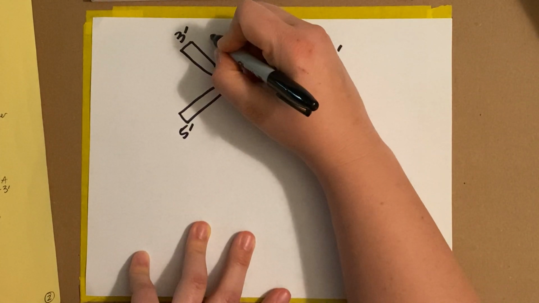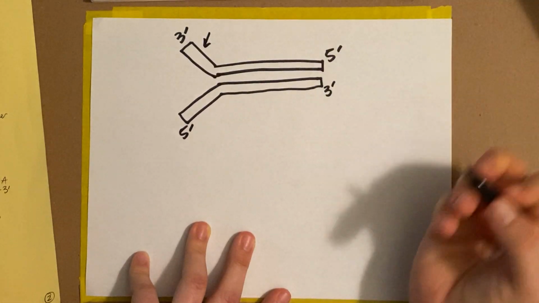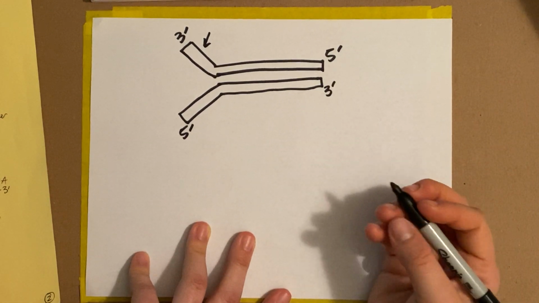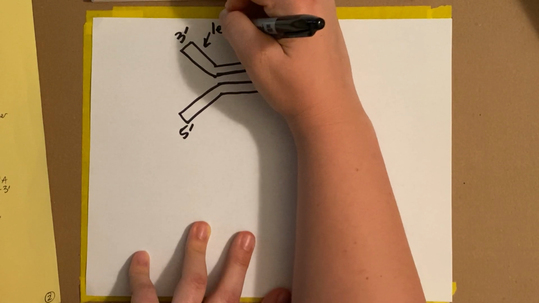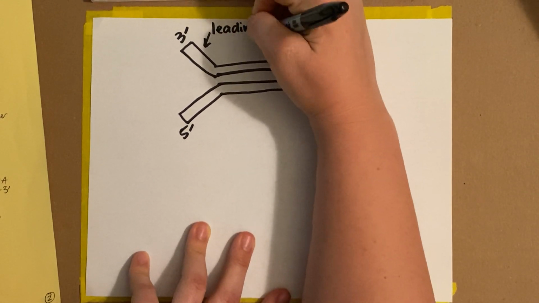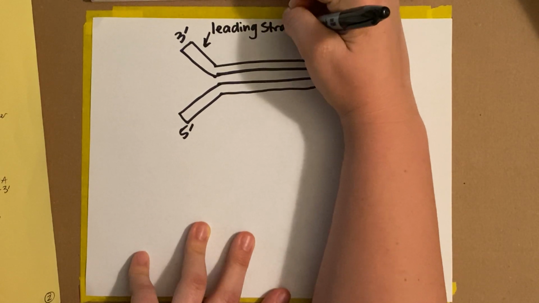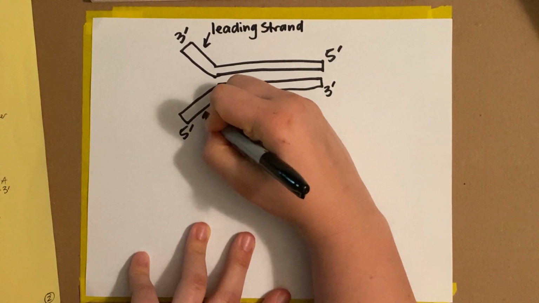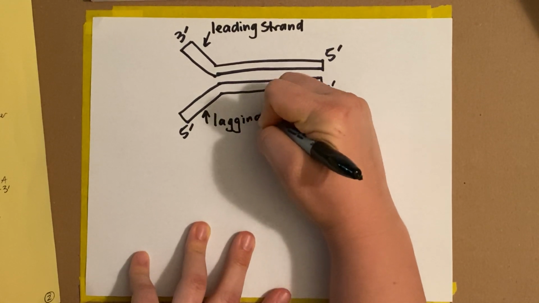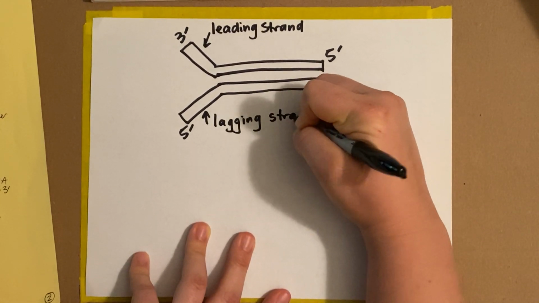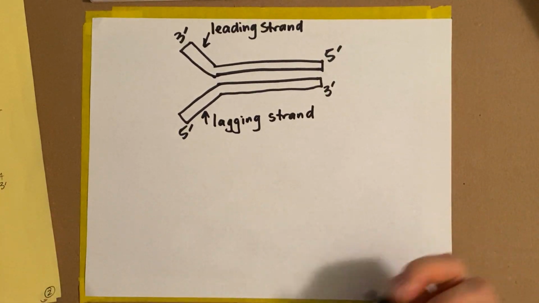Okay, the strands that we are going to be actually replicating, we give them names. And so one of them we're going to call the leading strand. And the other one we're going to call the lagging strand. I'm going to explain why we do that. Okay.